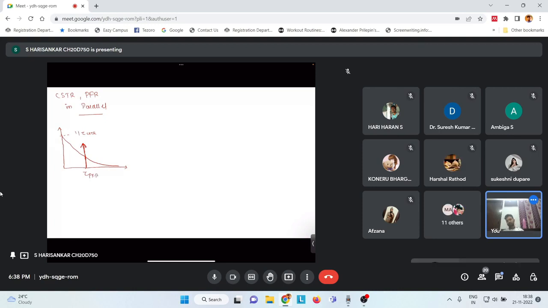Okay, and you can have a variety of RTDs as well. You can have, let's say, something like this for a PFR with bypassing. So this small curve represents your bypassing basically.